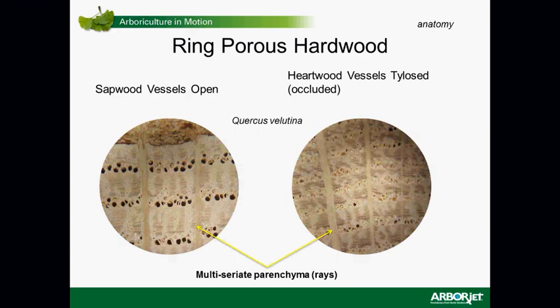To the right, what you're seeing is an image of heartwood. And if you look at the vessels in the right image, you'll see what look like amber occlusions or plugging of the vessels. Those are tyloses, and that's the ballooning out of the membrane of the adjacent parenchyma into the lumen, or the interior of that vessel.